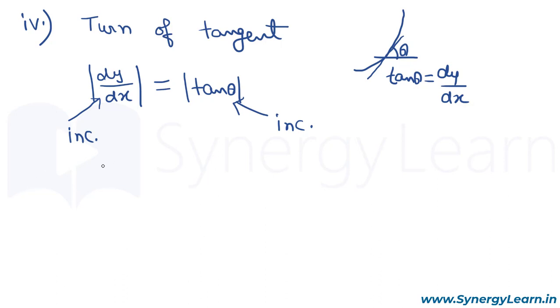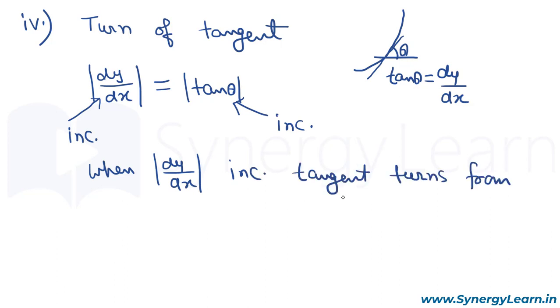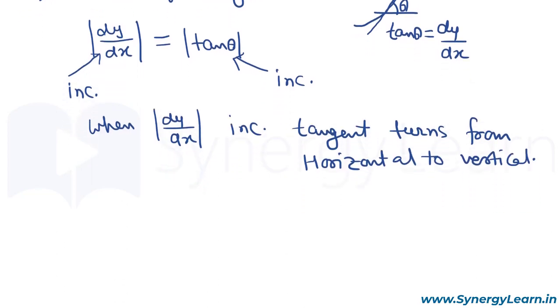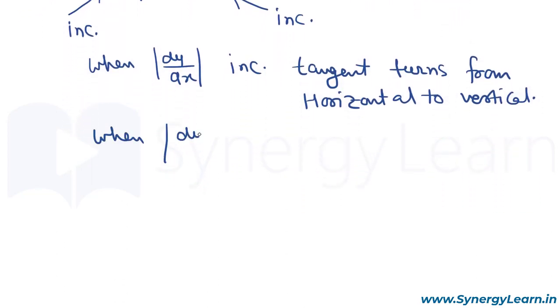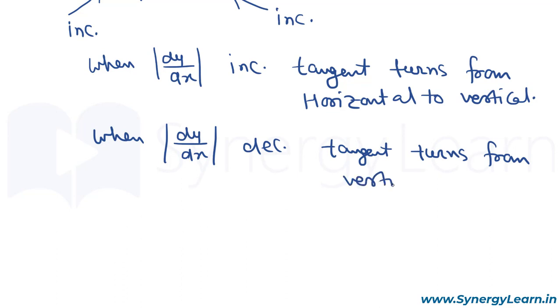That is, when mod dy by dx increases, the tangent to the graph turns from horizontal to vertical. And when mod dy by dx decreases, then the tangent to the graph turns from vertical to horizontal.